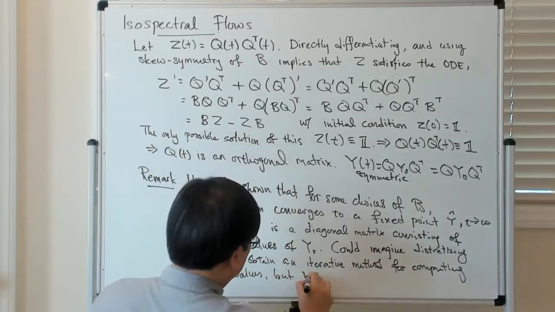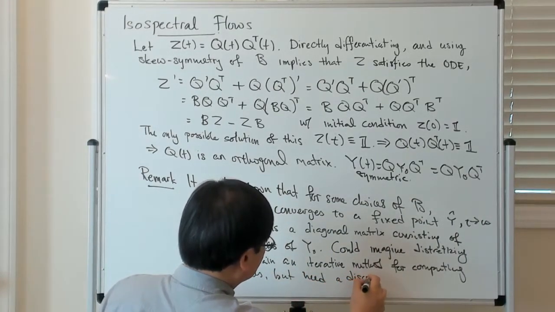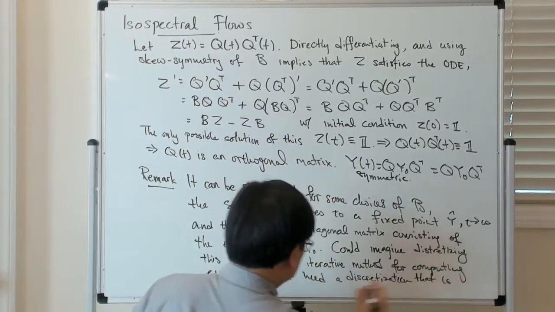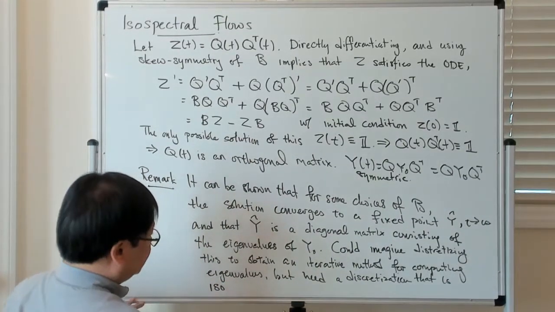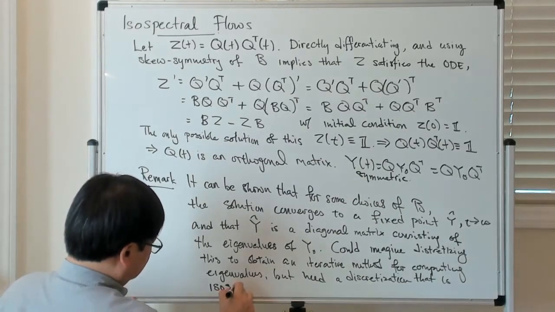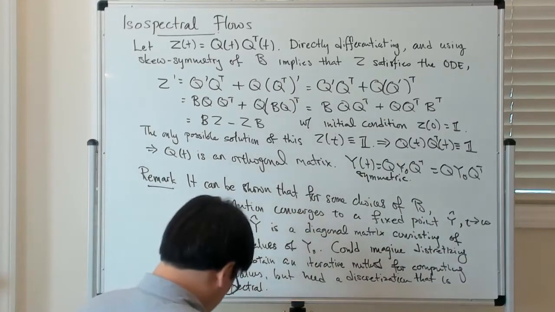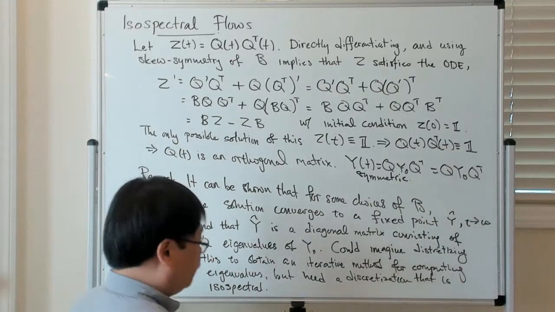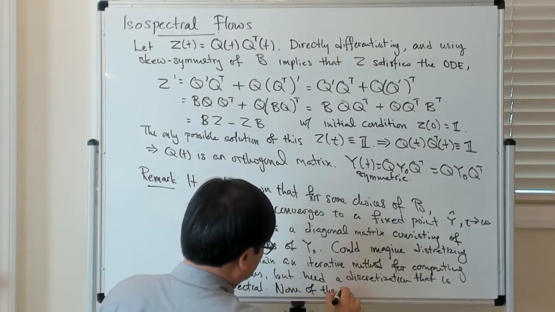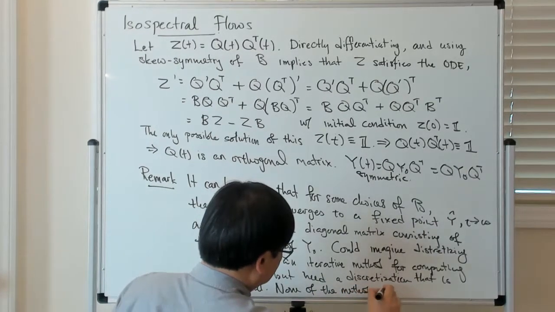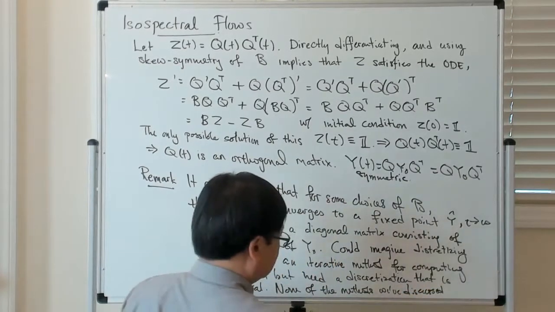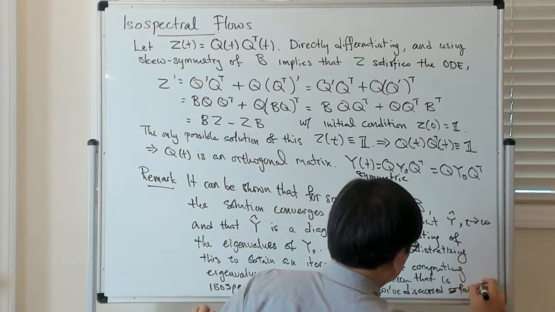But you need a discretization that is isospectral, which is to say that it preserves the eigenvalues. The problem is that none of the methods we studied so far actually have this property.